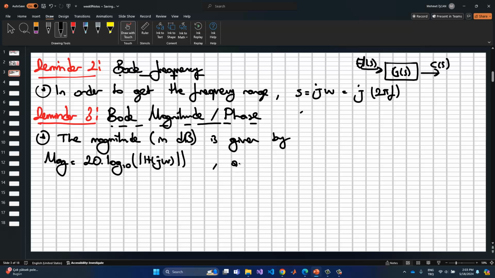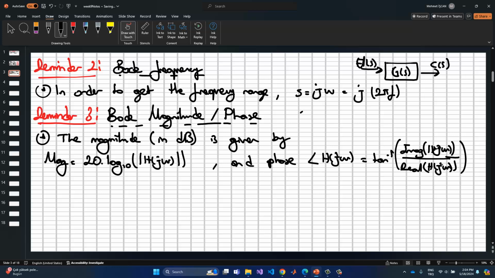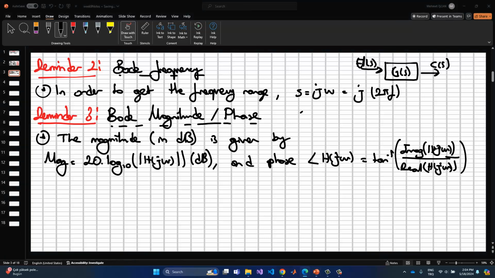This is the system, and the phase can be given with these terms: arctangent of the imaginary part of H(jw) over the real part of H(jw). And this is the representation of the Euler identity. This is the magnitude of the signal in decibel form. Okay, these are the basis for these characteristics.